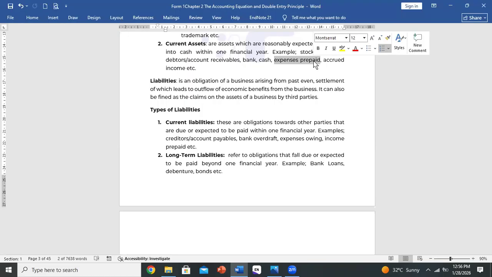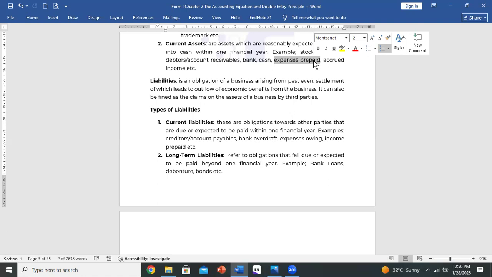Okay. So when we say prepayment, it means that like the electricity, this time you make payment for the electricity even before you use it. Okay. Another one is rent. Sometimes we pay for 5 years rent in advance. So prepayment is also known as advance payment. You are paying beyond the current year. So it's your asset.